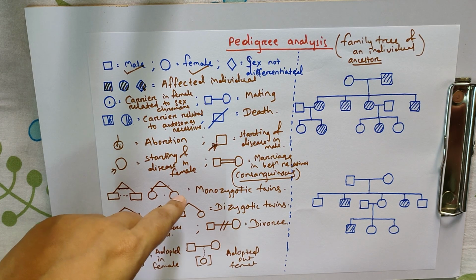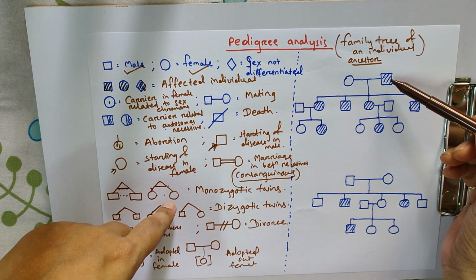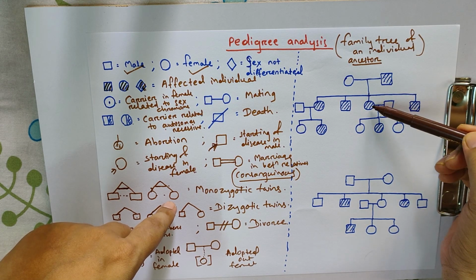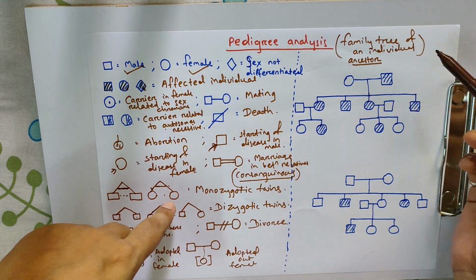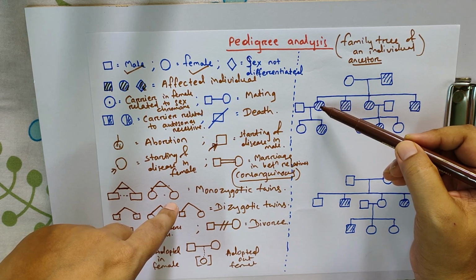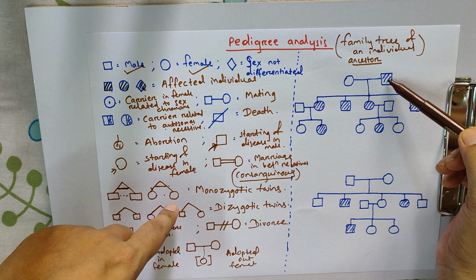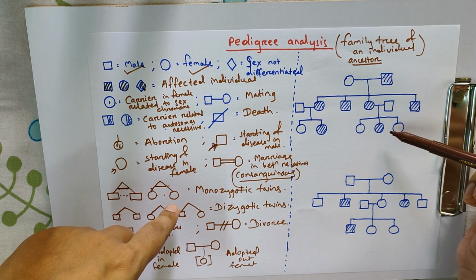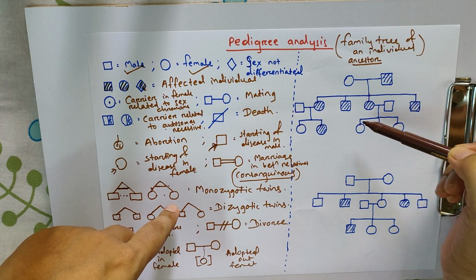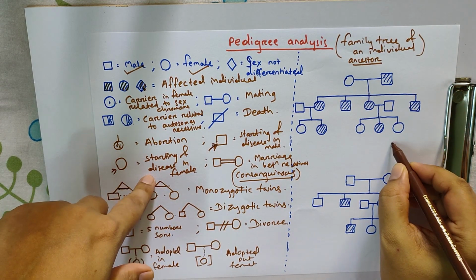If in each generation there is an affected individual, here affected, here affected, each generation affected, that means we should know that it is dominant.